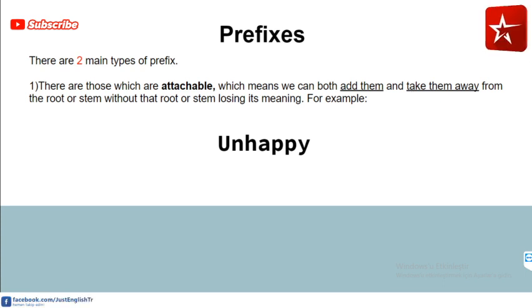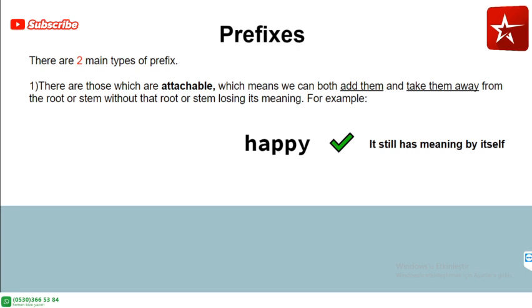Well, the prefix is actually un, as in unhappy child, for example. But we can quite easily take it away from that stem and it still has a meaning by itself. We can say that a child is happy, or we can say a child is unhappy.